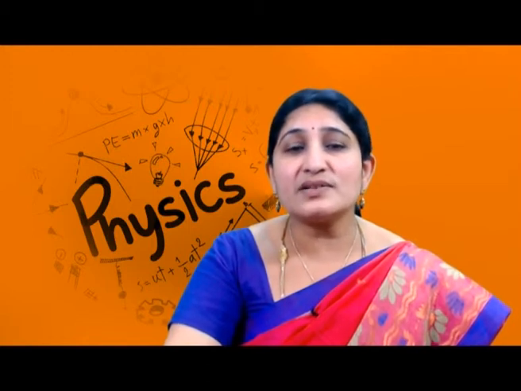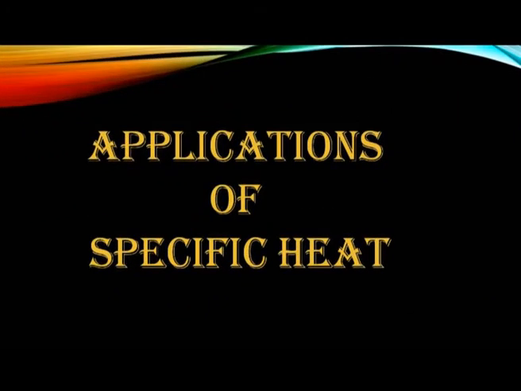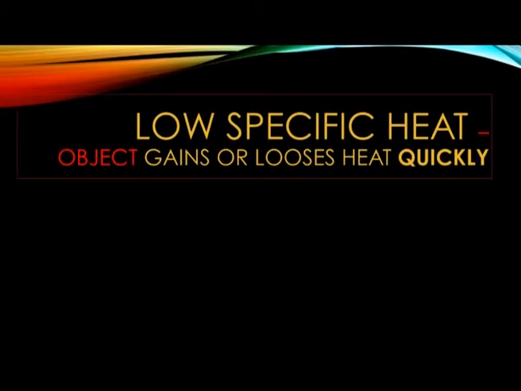Okay, now let us discuss what are the applications of specific heat. Before learning about the applications of specific heat, you have to remember two important points. Low specific heat.